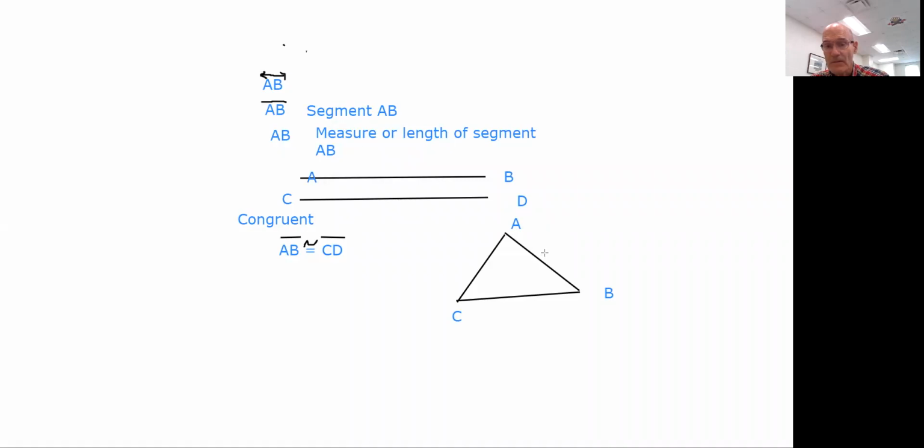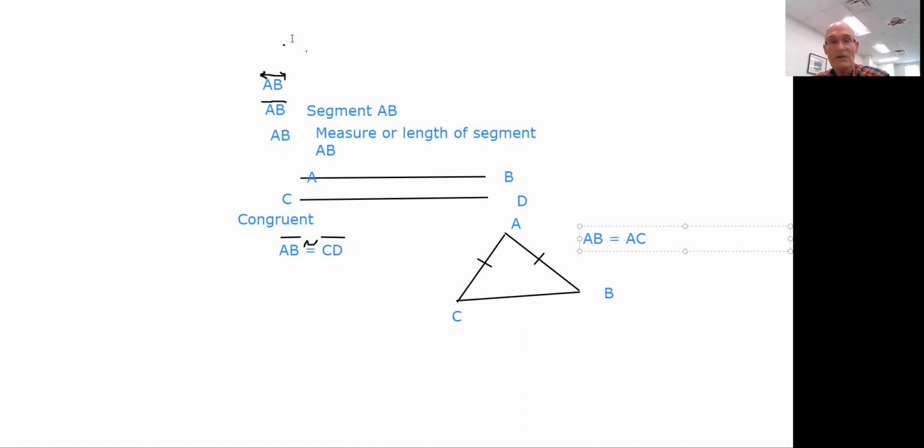So if I put a little tick mark right like that, and I come over here and put another tick mark like this, what that means is that AB and AC are congruent.